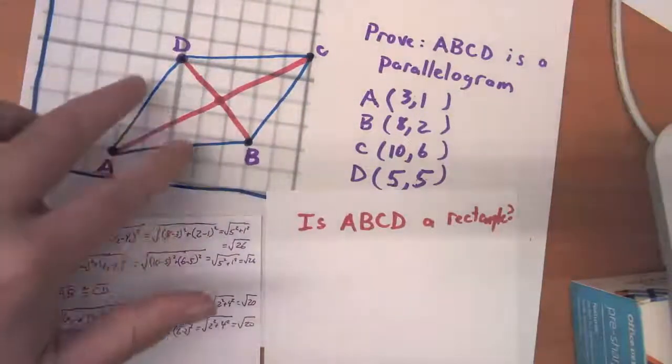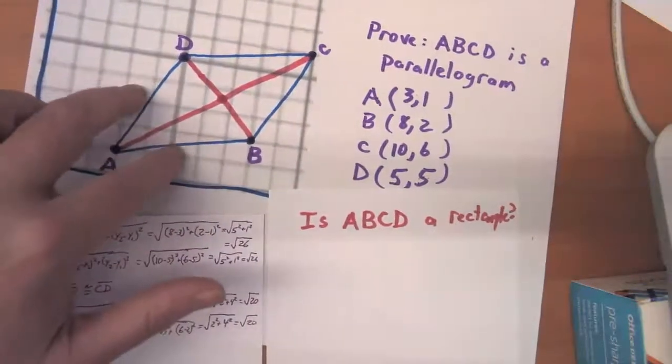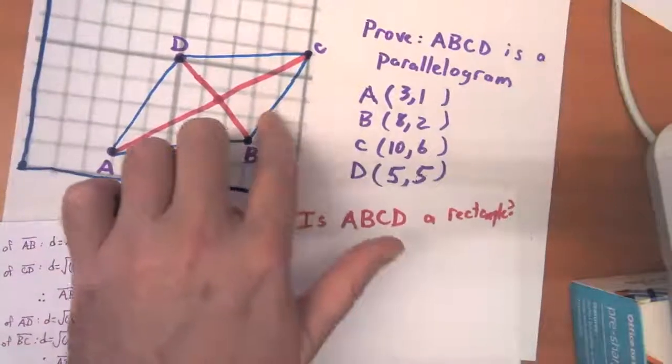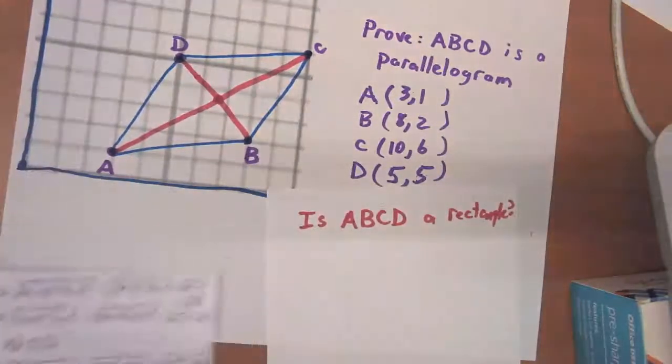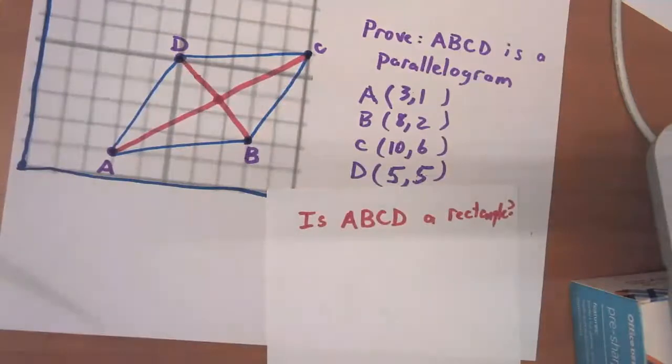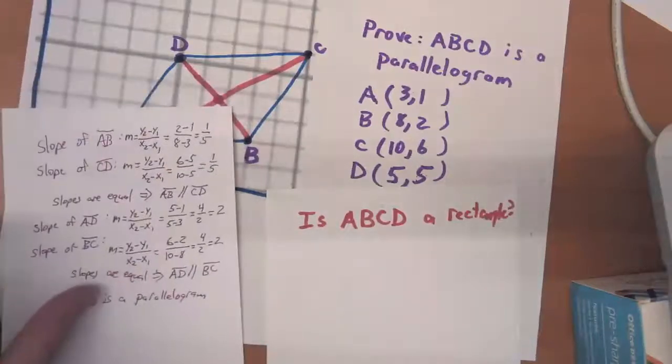So if these were right angles, the sides would be perpendicular. How can we show whether or not these sides are perpendicular to each other? Well, remember, we're going to use the slope.